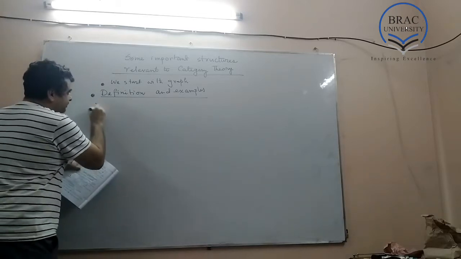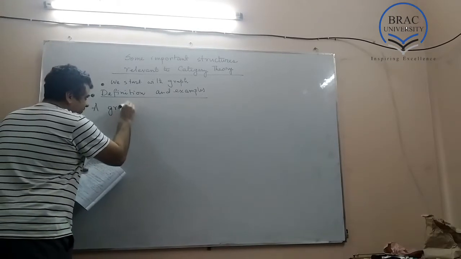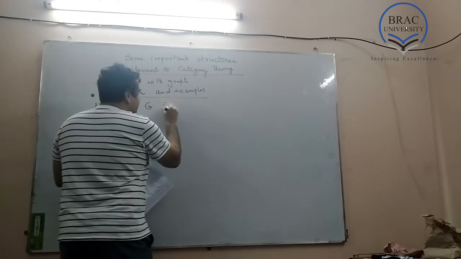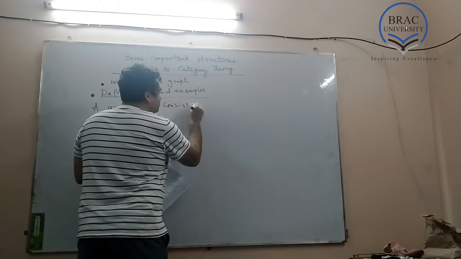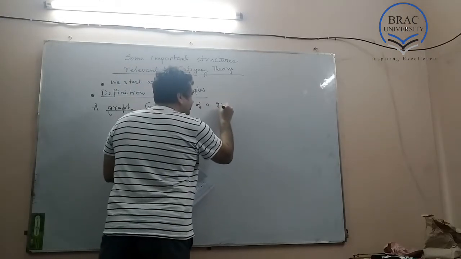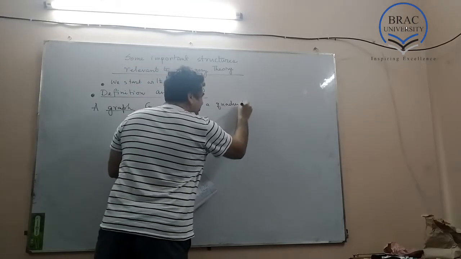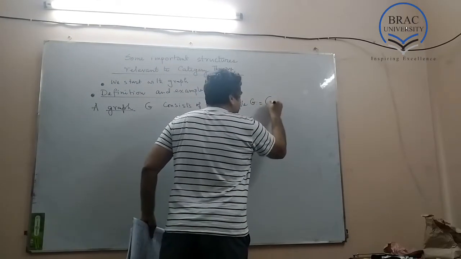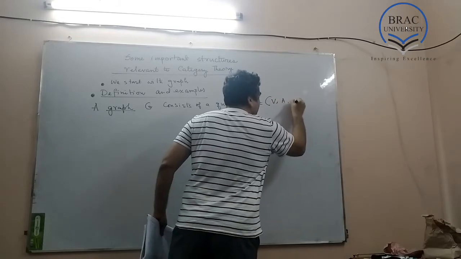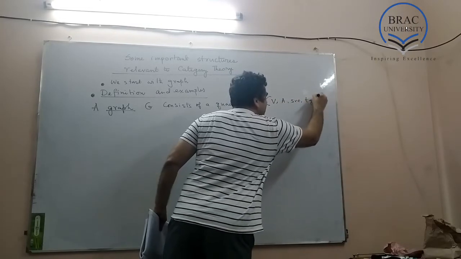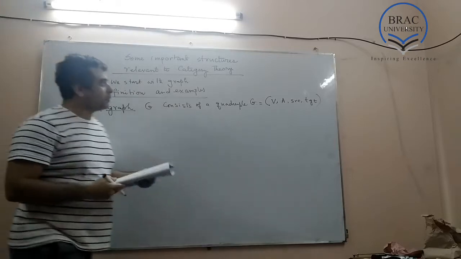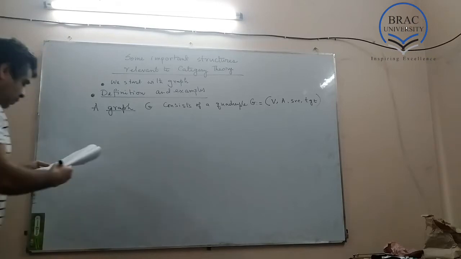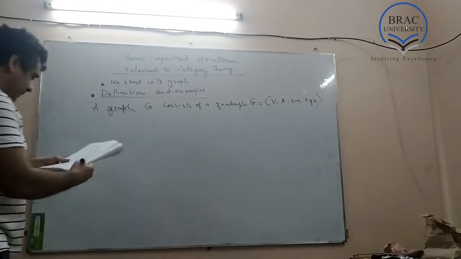A graph G consists of a quadruple G = (V, A, SRC, TGT). So it's a quadruple consisting of two sets and two functions. Let me explain what those sets are and what those two functions mean.